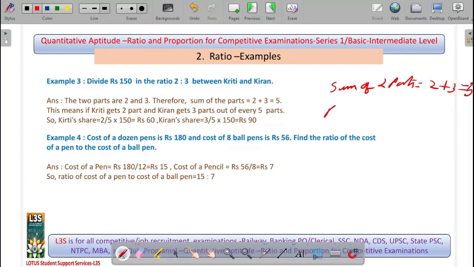Now the ratio of Kriti and Kiran is 2:3. Kriti will get 2 by 5, and the quantity will be how much amount Kriti will get.